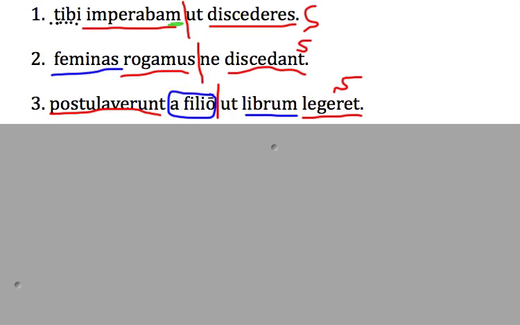Those are the 3 different possibilities. Some words will take a dative, like I ordered to you, I ordered you. Some will take an accusative, like we asked the women. And some will take a prepositional phrase. They demanded from the sun. Okay, so be aware that some will take a dative, some accusative, some prepositional phrase.